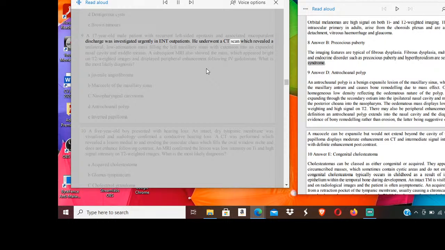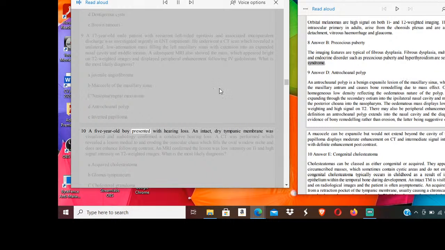He underwent a CT scan which revealed a unilateral, low attenuation mass filling the left maxillary sinus with extension into an expanded nasal cavity and middle meatus. A subsequent MRI also showed the mass, which appeared bright on T2 weighted images and displayed peripheral enhancement following gadolinium. What is the most likely diagnosis? A, juvenile angiofibroma; B, mucocele of the maxillary sinus; C, nasopharyngeal carcinoma; D, antrochoanal polyp; E, inverted papilloma.